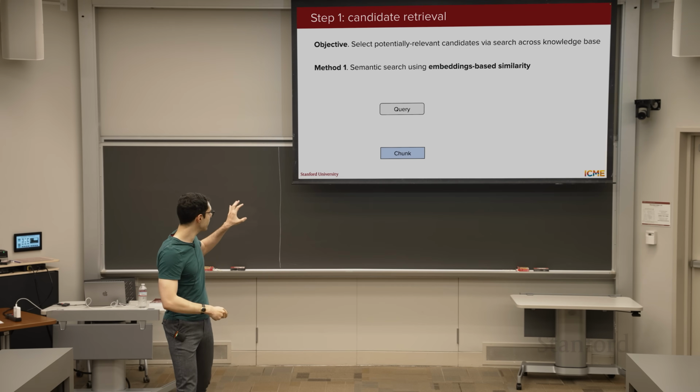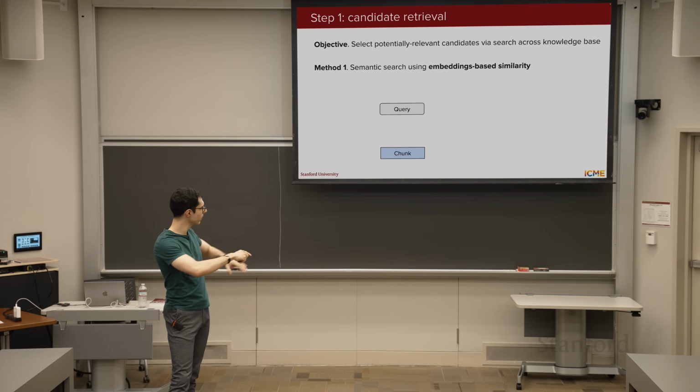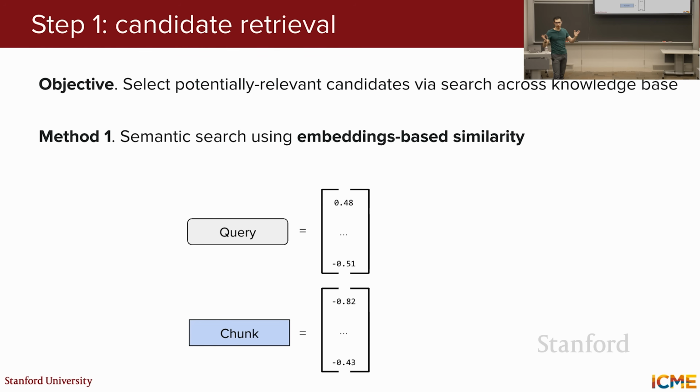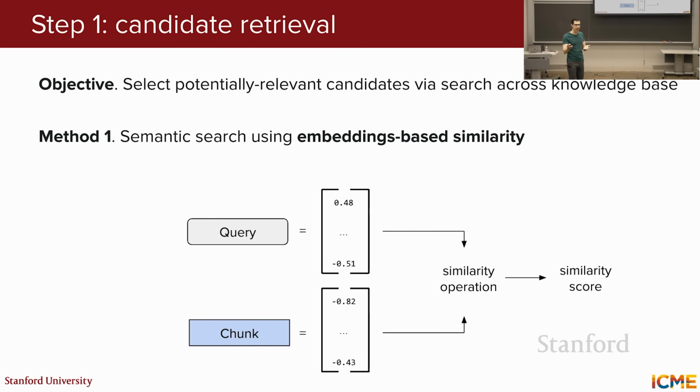You have your query, you have your chunk. For both of them you find an embedding, and then you perform a similarity operation, which is most of the time cosine similarity, and you obtain a similarity score. Then you just keep the top, say, 100, and you go with that.